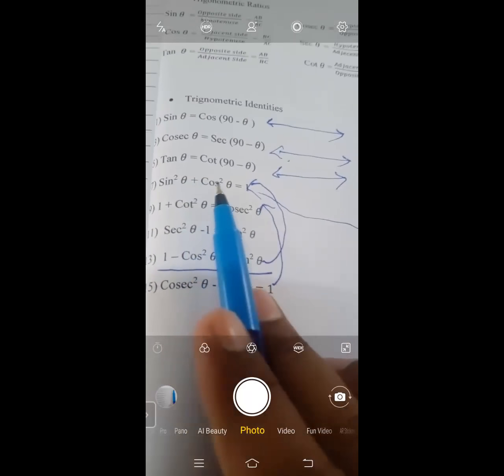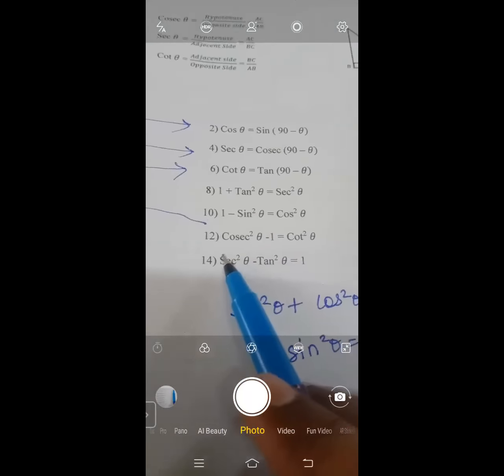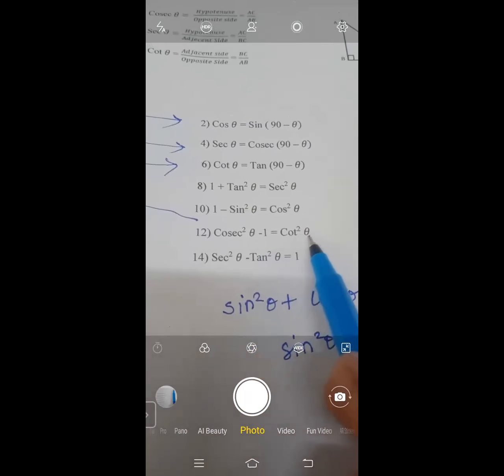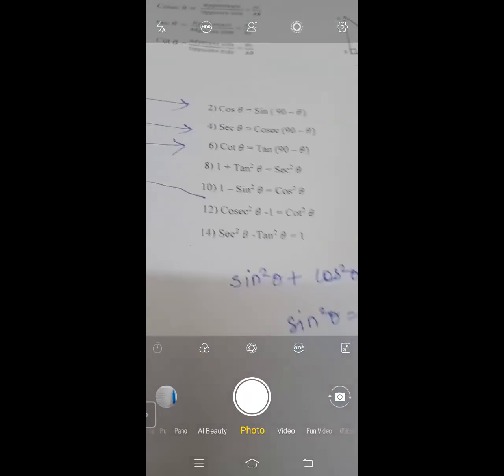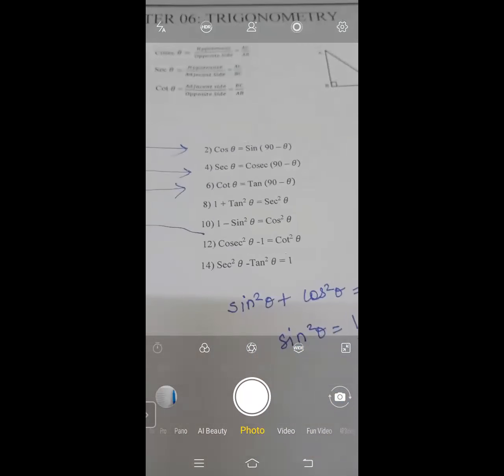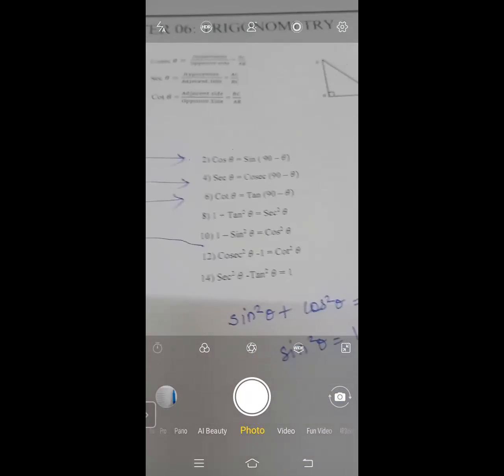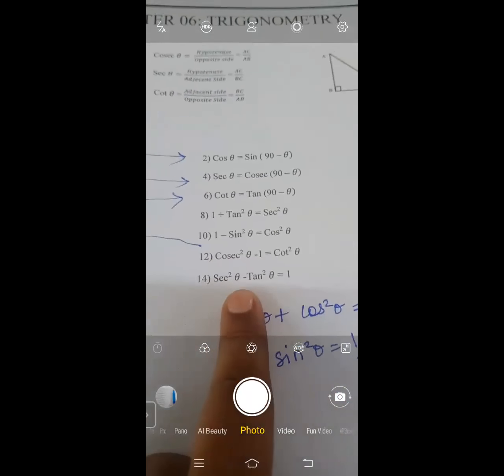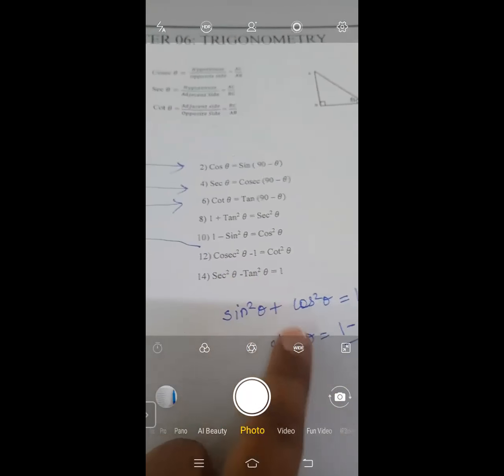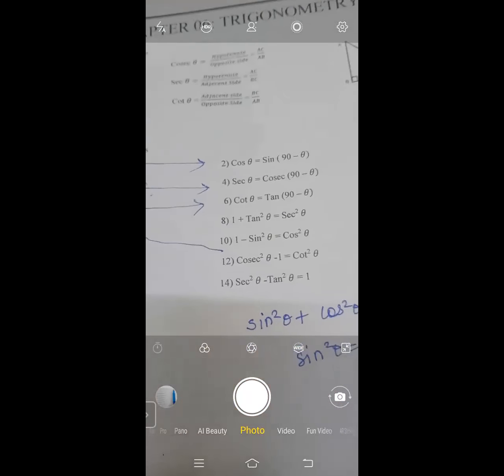So cos square theta is equal to 1 minus sin square theta. Cosec square theta minus 1 equals cot square theta. And sec square theta minus tan square theta is equal to 1. This is sin square theta plus cos square theta, and here the sign is changed. It is minus. So sec square theta minus tan square theta is equal to 1.